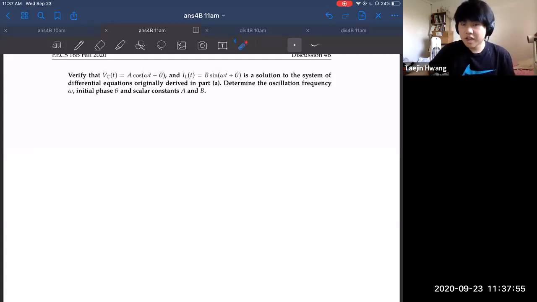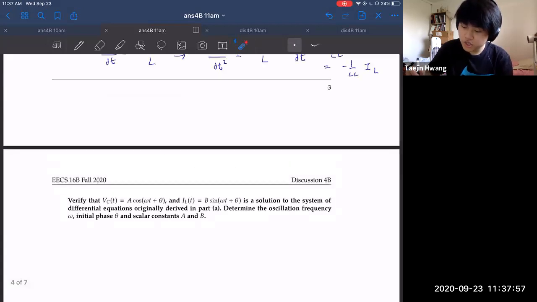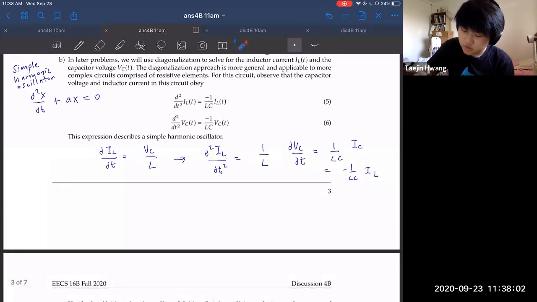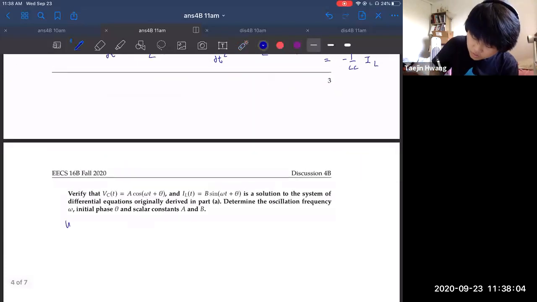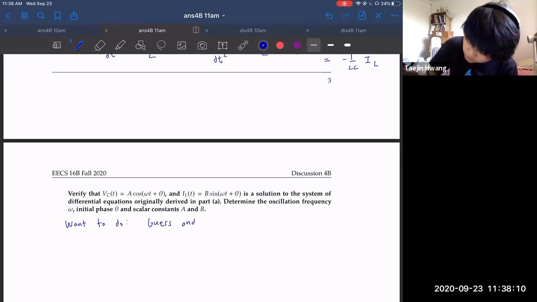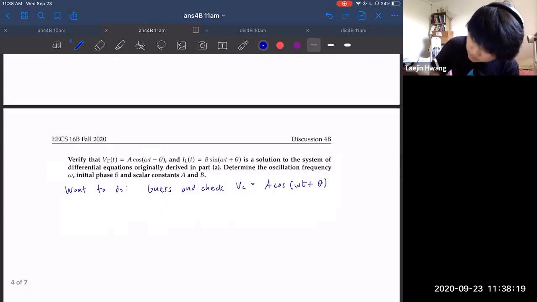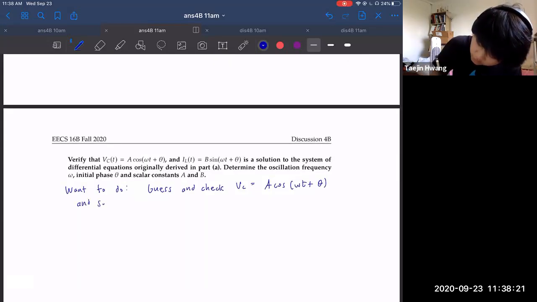I think the main idea here is that we want to guess and check VC is equal to A cosine of omega t plus theta, and solve for everything. So solve for A, omega, and theta.